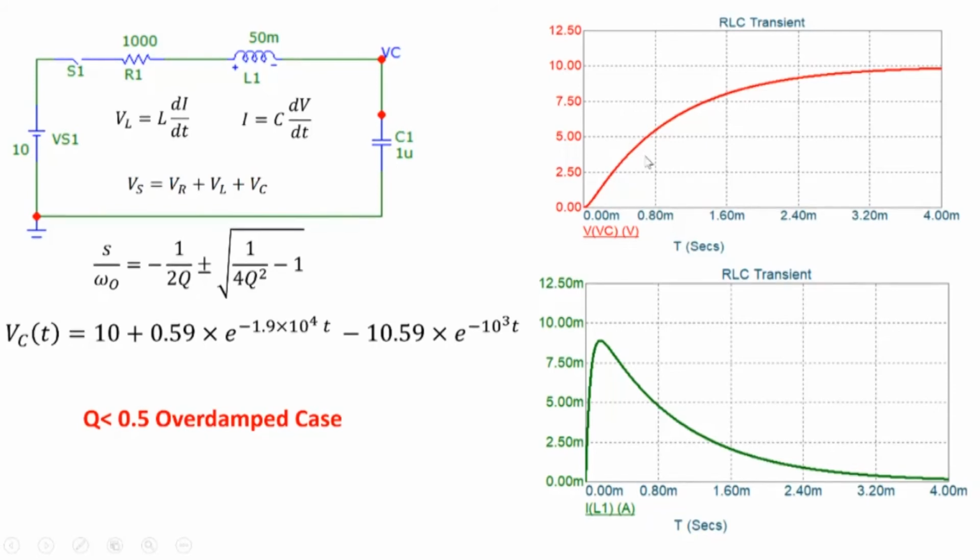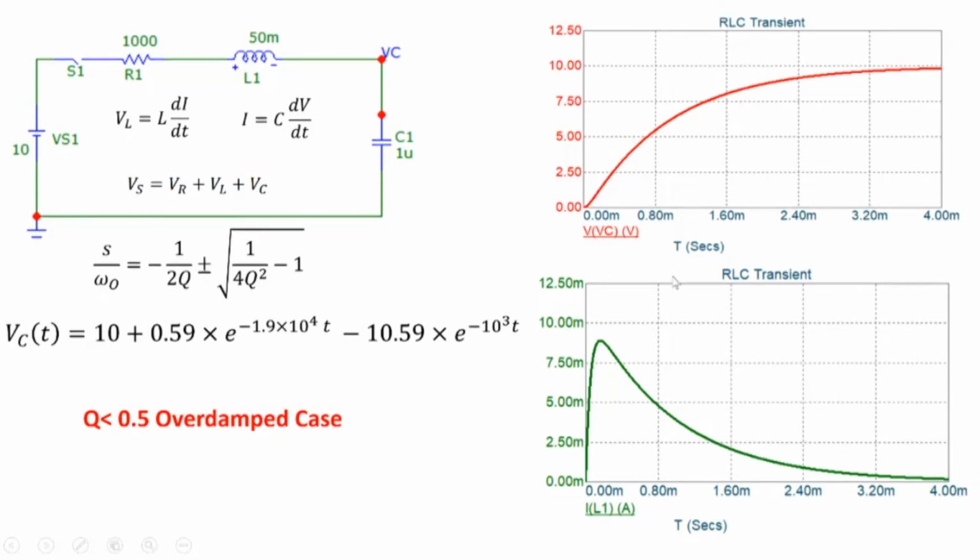So we've been discussing Q less than 0.5, for which the roots of this quadratic equation are all real and negative. And we call this case the overdamped case, where the capacitor voltage goes to its final value slowly.